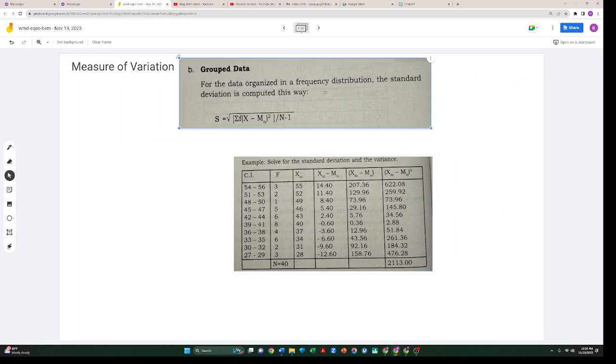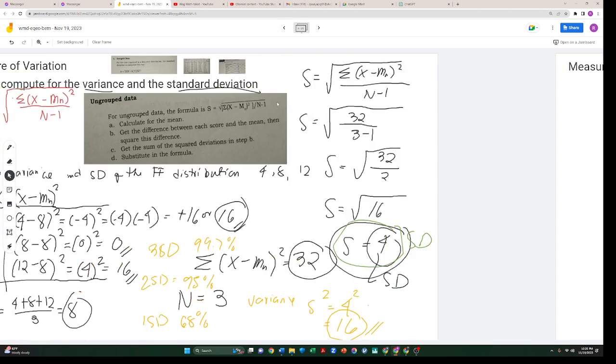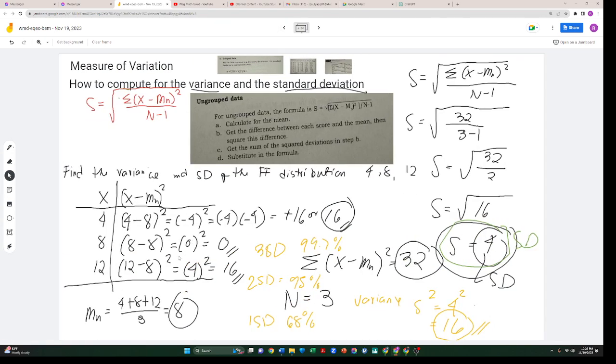Okay, guys. Again, you already know how to solve ungrouped data. First, the given data. Then you put it in x, then make a table of x minus mean. Before that, you find the mean. Then 4 minus 8, then square it, then add the results, which is 32.